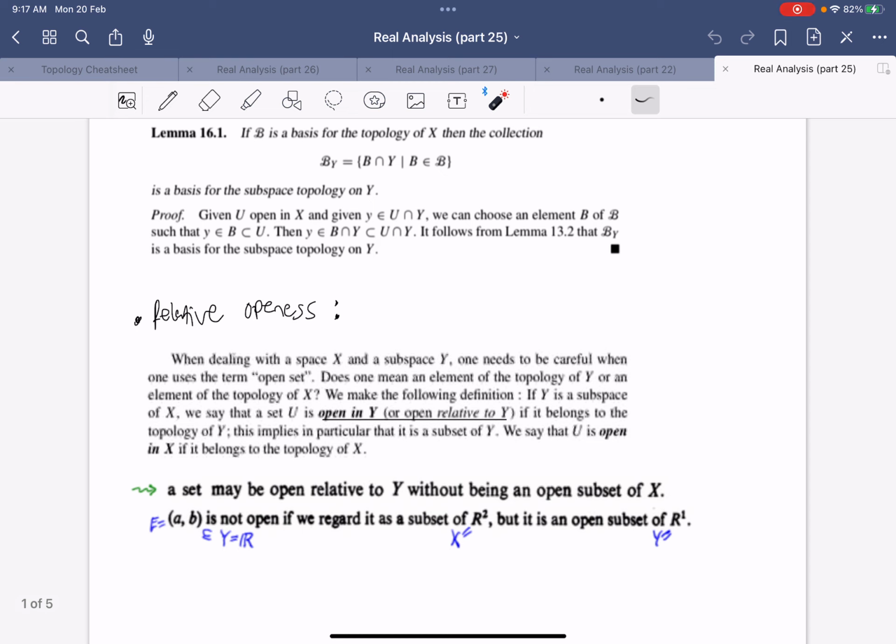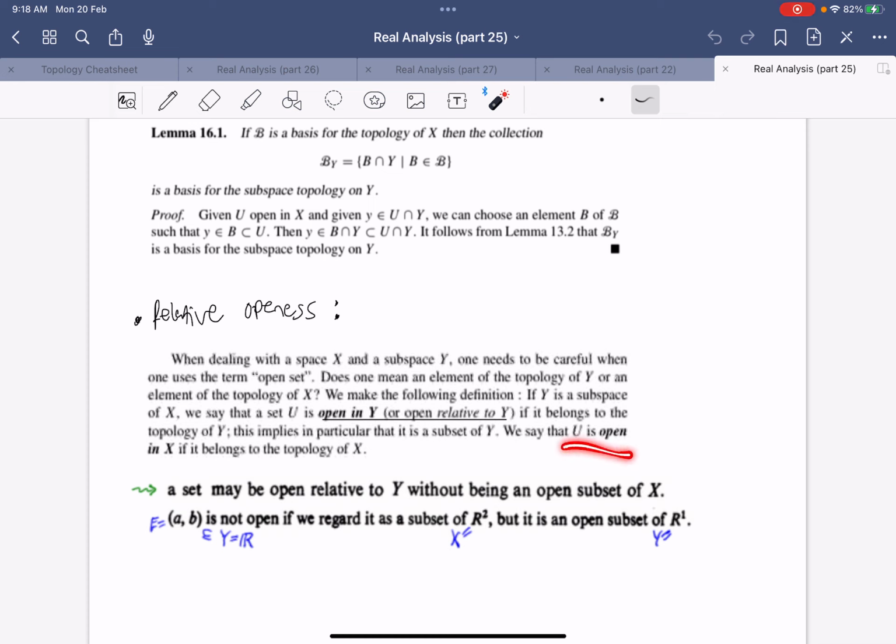But when dealing with such notions, it's good to take note of which space we are talking about openness in. So when we say a set is open in Y, we really mean that it belongs to the topology on Y. And that being said, it depends on the topology on Y what sets are open.